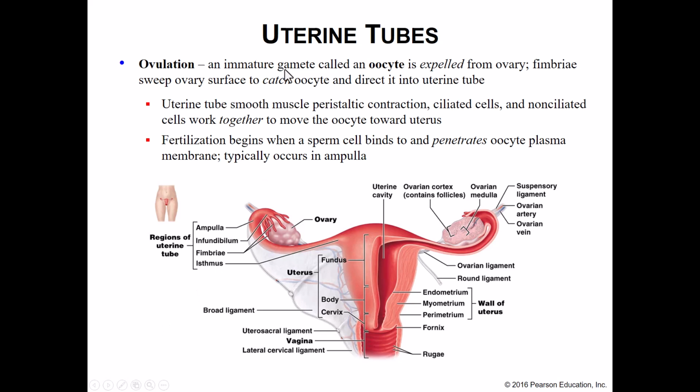With ovulation, an immature gamete is released from the ovaries, expelled into the uterine tube. The fimbriae sweep the ovary and catch it. And as I mentioned before, fertilization occurs out here in the ampulla in most cases.